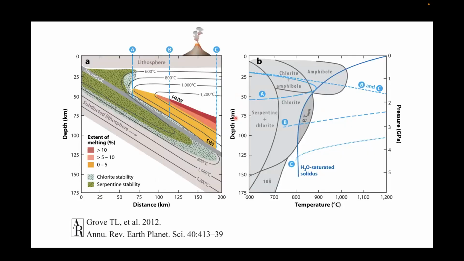So we look at how the melting is generated in the arc. The subducting lithosphere is hydrated either by hydrothermal circulation at the mid-ocean ridge or by bending before the trench.